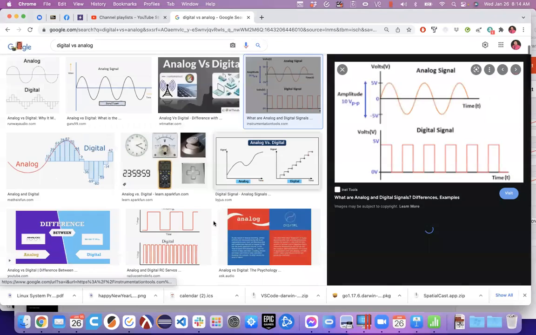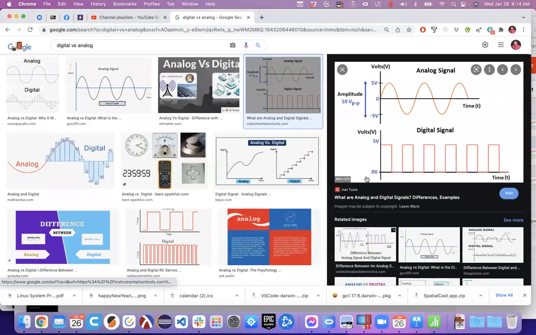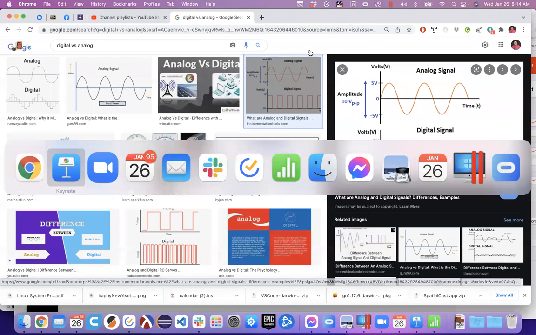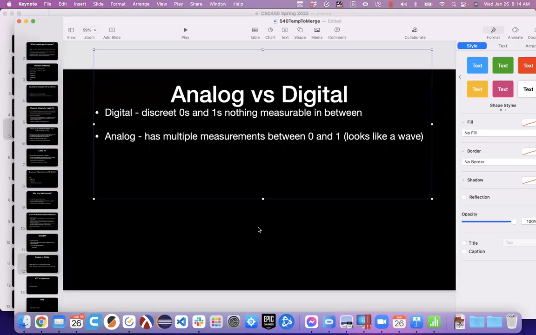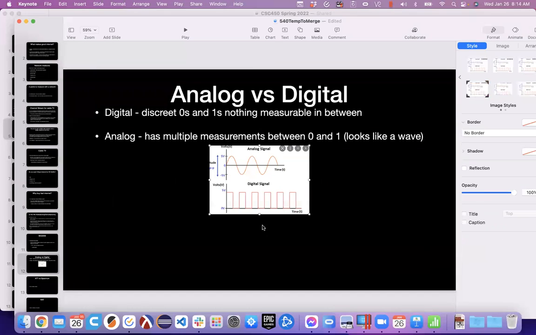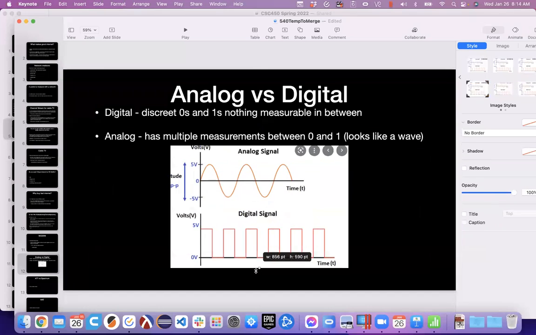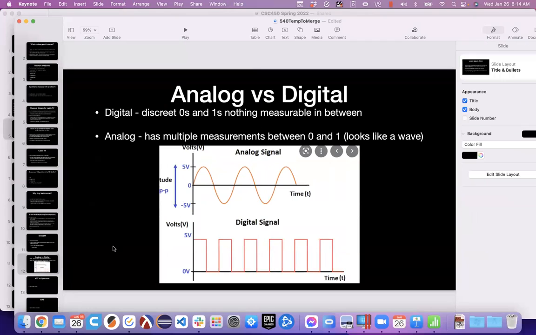Here we go. So here's an analog signal. There's a digital signal. We'll just steal that real quick and get it into the slides. All right, so that's what we're dealing with here.